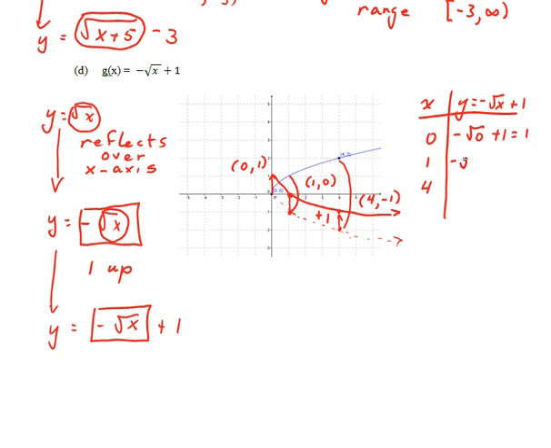We get the opposite of the square root of 1 plus 1. 1 goes to 0. Negative 1 plus 1. For 4, we get the opposite of the square root of 4 plus 1. That's negative 2 plus 1, which is negative 1, which confirms what we had before.